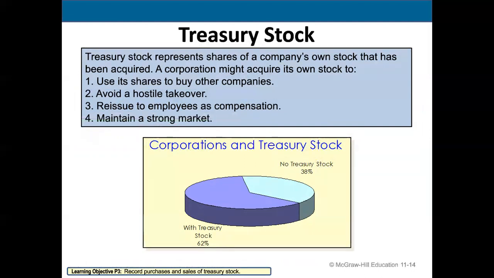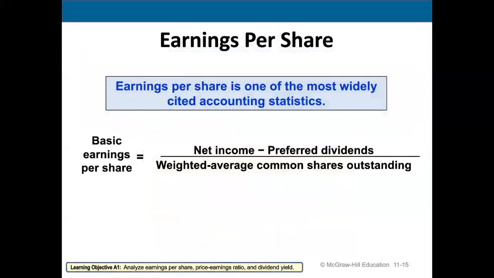A lot of times when a business starts to grow or get stronger, they'll buy back some of their stock from the market. And when they buy it back, it becomes something called treasury stock, which is just stock that is held by the business itself rather than by individual shareholders. So that's what treasury stock is.